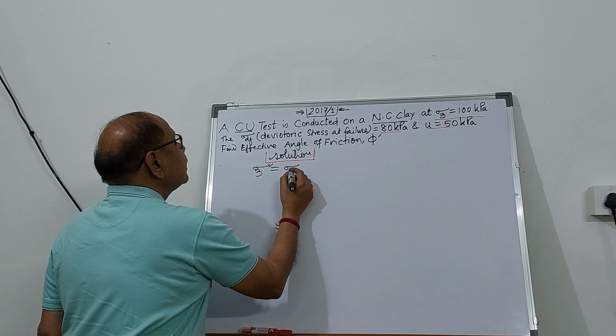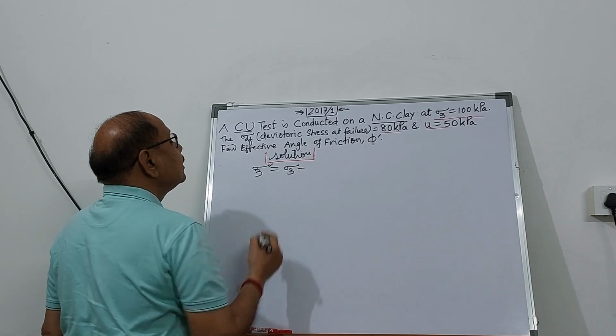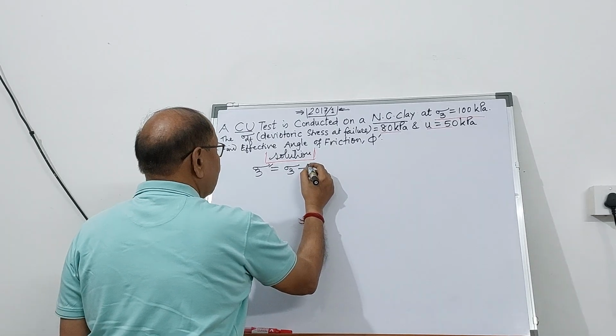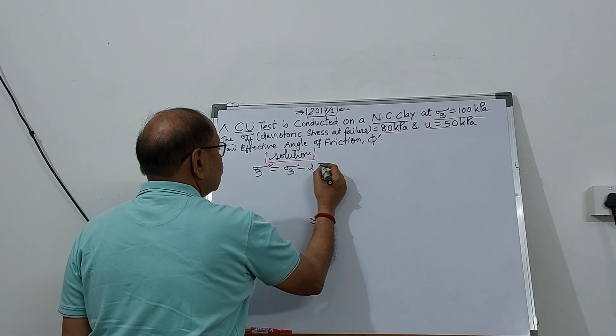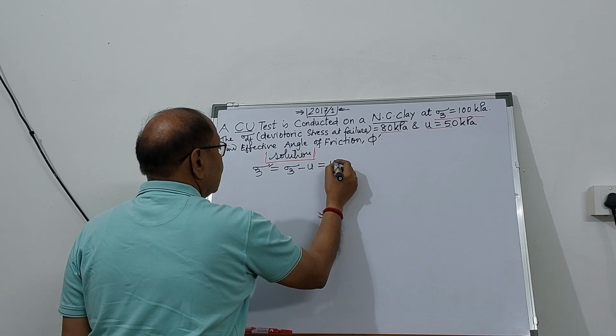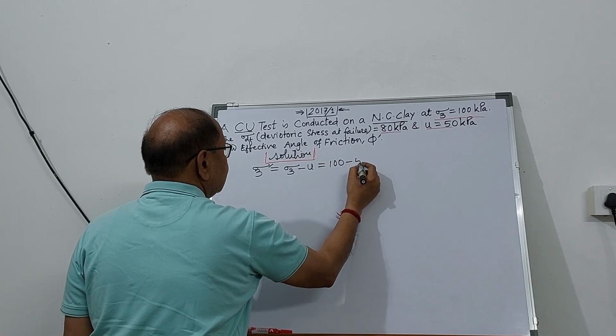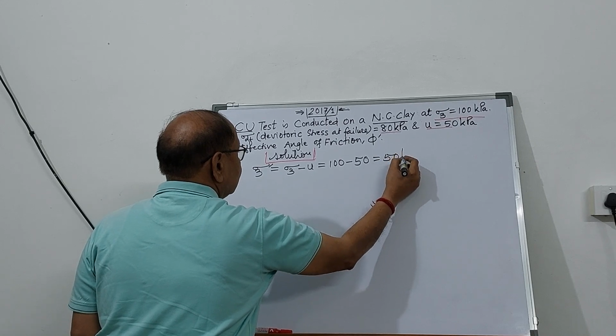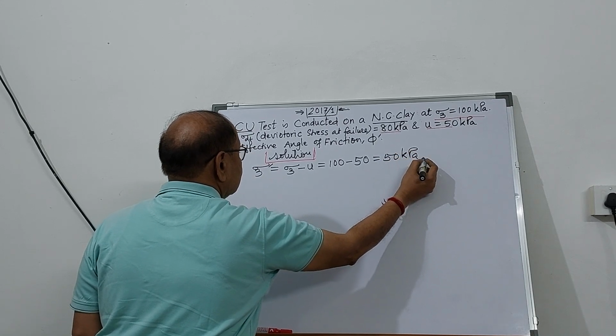It will be the confining pressure minus pore water pressure. So this becomes 100 minus 50. So this becomes 50 kilopascal.